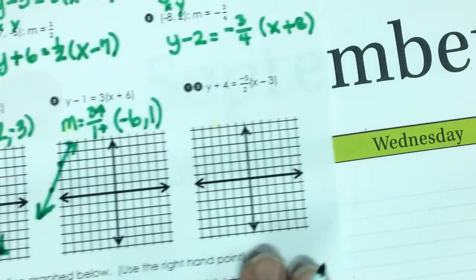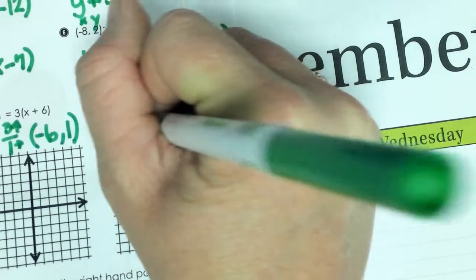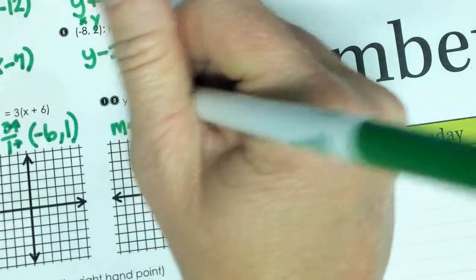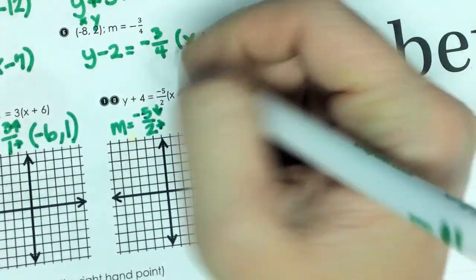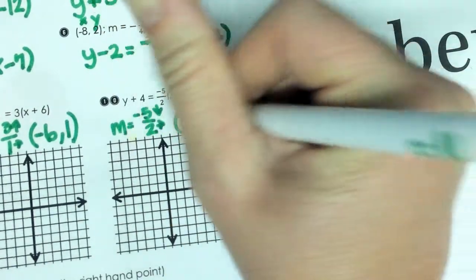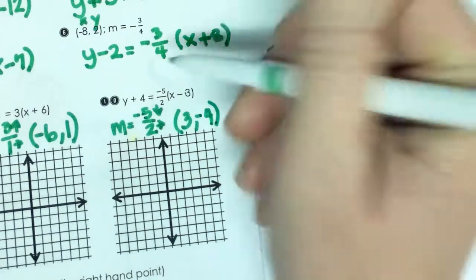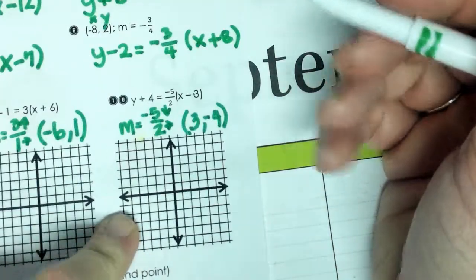Okay, number 10. So now I have that m equals negative 5 over 2. So I know since it's negative, I'm going down 5 and right 2. And then my starting point is going to be my x value is 3 and my y value is negative 4. Again, since this is y plus 4, I know this 4 is a negative, or my y value is negative.